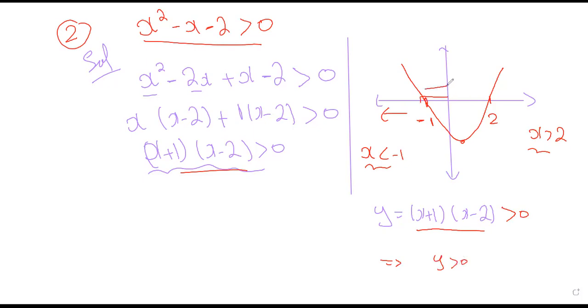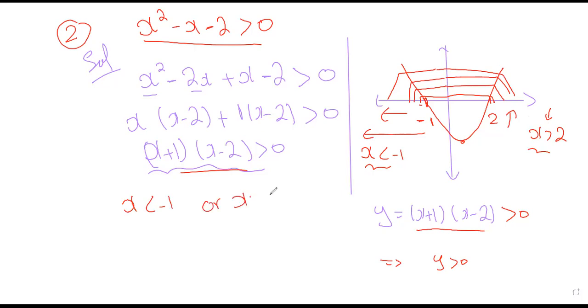On this point, on this point. We are getting two different ranges, okay? We are getting all this for y greater than 0. That would be all the values of x less than minus 1. And we are getting this for this range, right? So the answer would be x less than minus 1 or x greater than 2.